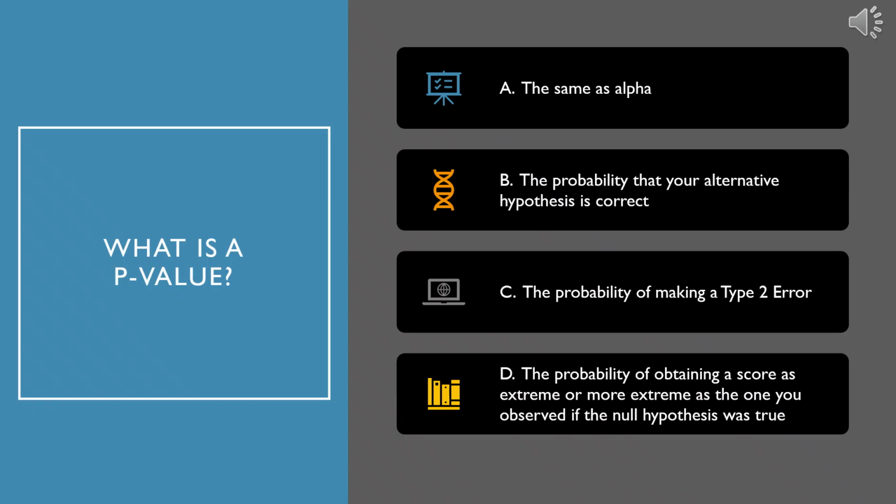Well, smaller than 0.05, smaller than alpha. If the p-value is less than alpha, then you can say with pretty good accuracy that it's really unlikely that we would ever see such an extreme score here if the null were true. That's why we get to reject the null.